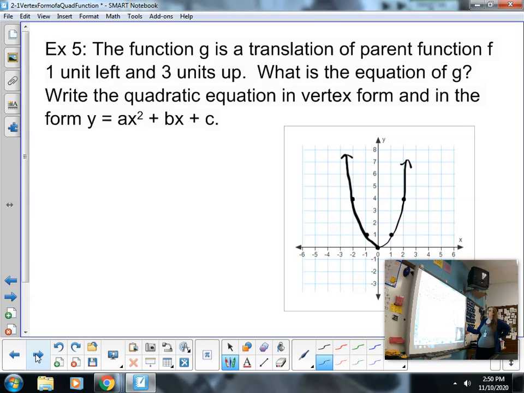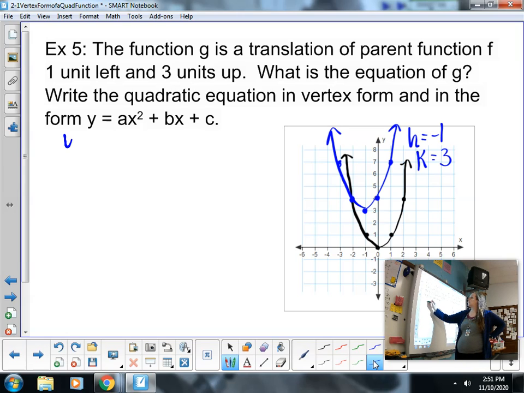It says f is 1 unit left and 3 units up. So 1 left and 3 up of all the dots. Well, if it's 1 left and 3 up, that means my h is negative 1 and my k is 3.